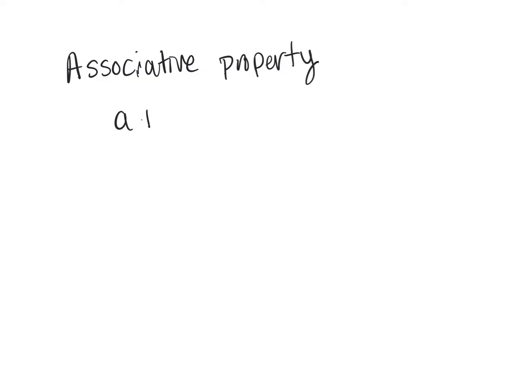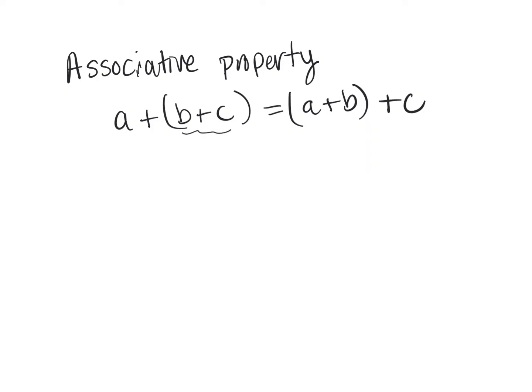If you have addition, you can add these first, and then add the C, or you can add these first and then add the A. Likewise with multiplication, you can multiply BC first and then multiply that by A, or you can multiply AB first and then multiply that by C. Okay. There's the commutative property.